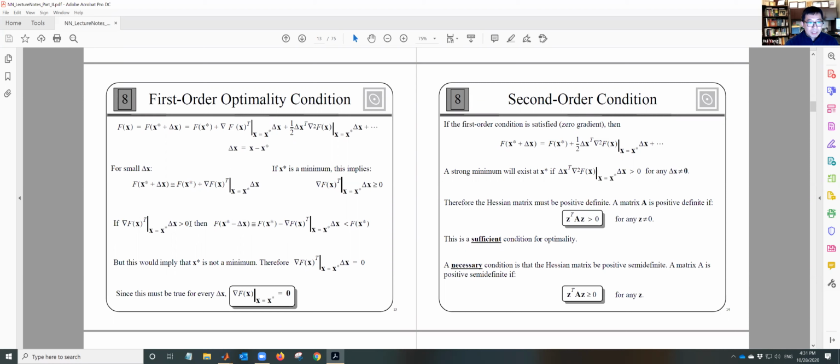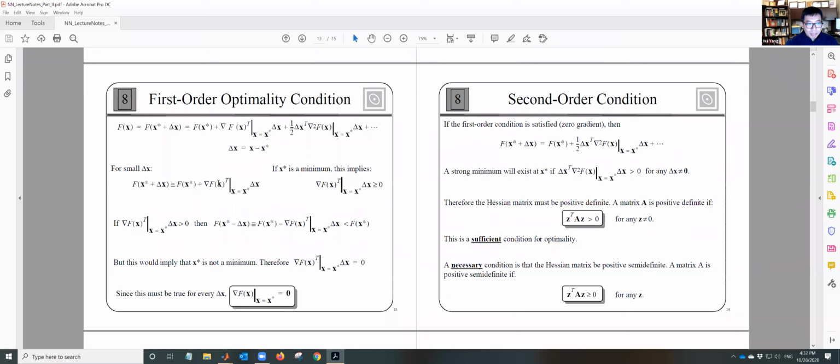If this is greater than 0, then f of x star minus delta x should be less than, so x star is not a minimum.